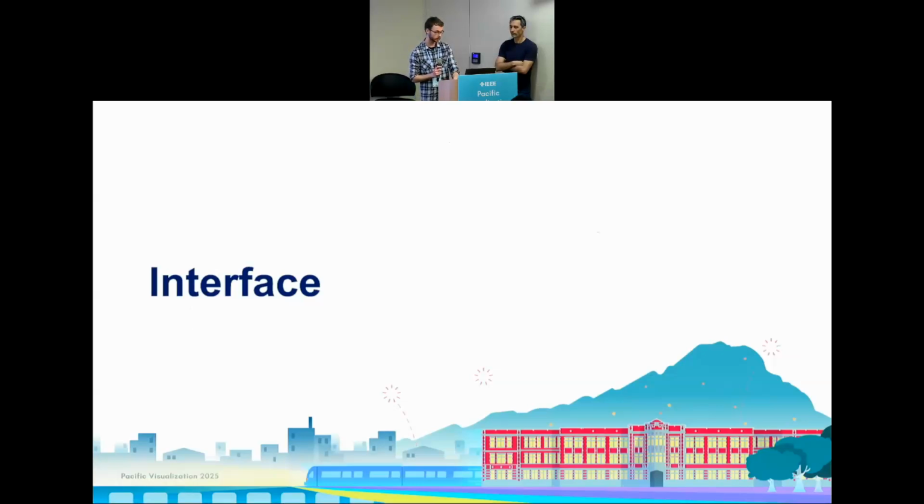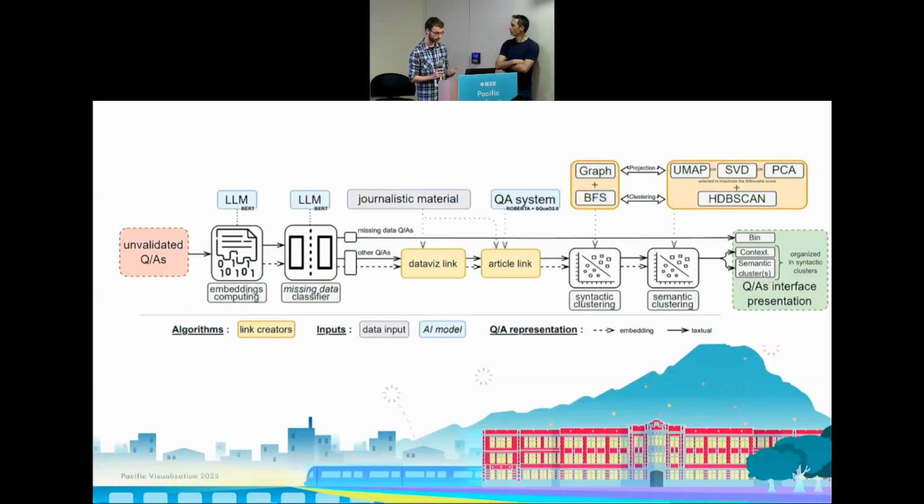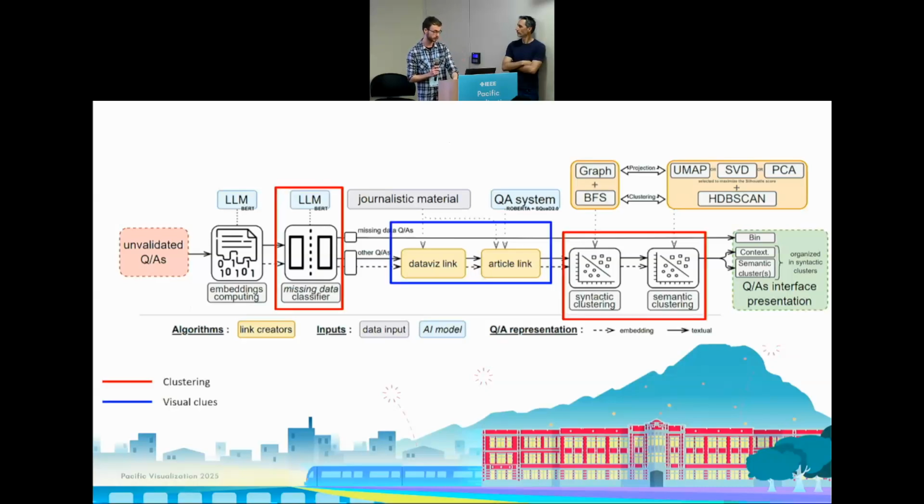For this, we designed a workflow, like you can see here on this screen, that takes as input all the QA generated by AI and as output the validated QA. In this, there are several types of methods, like clustering and visual cues. We'll explore this in the next slides.